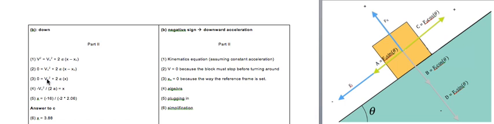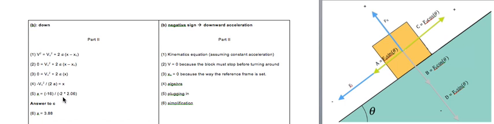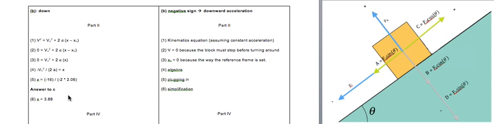So now that we've done those 2 steps, we just have to solve for x, and we already have all the other information from previously in the equation. So we have v naught, and we also got a earlier on in the last part of the problem. And so then we can just solve for x, simplify it, and we get x equals 3.88.